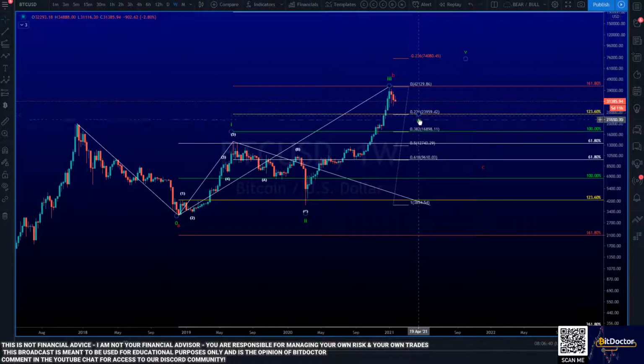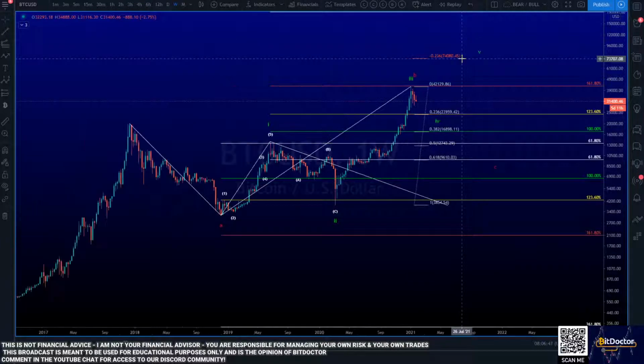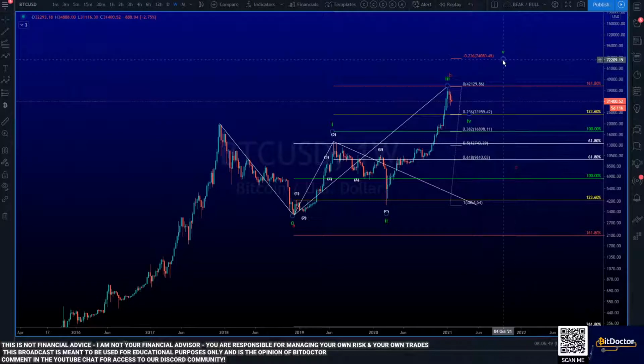My main count is the green count that we come back to 24 over the next couple months before we move up to 75. Okay? And if we move our way up to 75, we're going to get a significant pullback. Right? So I likely will be in an all-out scenario if this plays out.